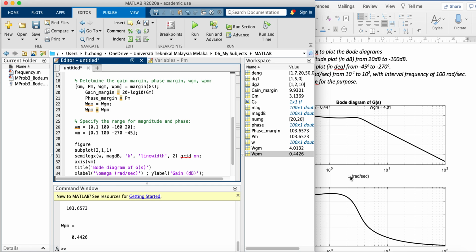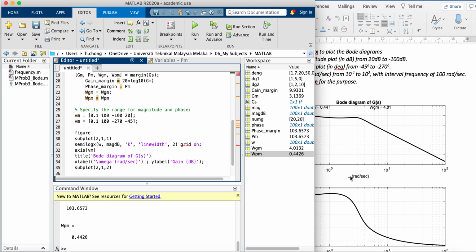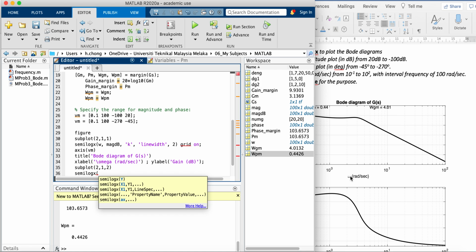Then we go to the subplot, with two rows and one column, and this is the second. Semilogx, because you only log the x-axis, omega, and then phase.